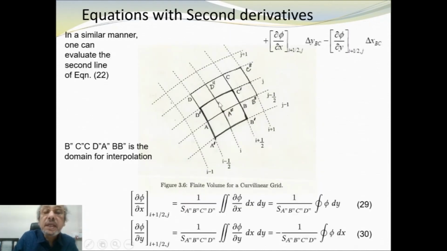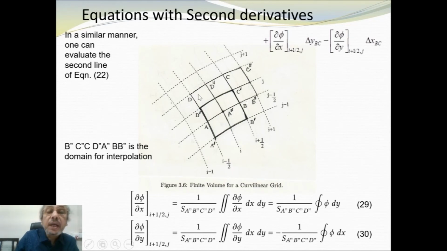So basically then we have to find out del phi del x at this point, that means I j plus half, and del phi del x at this point I j plus half here, and then again we have to do the multiplication, and for finding out here again we have to define a new area and integrate those quantities on that area and find values here. Then we have to multiply by delta y cd and delta x cd.